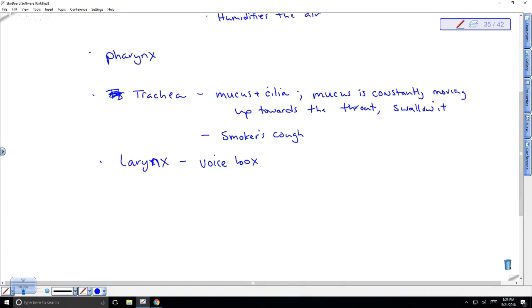Okay. Then it branches into two bronchi. So we have the trachea, and then we have the two bronchi branching into the lungs. And from these two bronchi, we're going to get smaller and smaller branches, smaller and smaller.